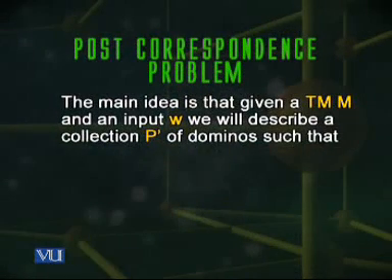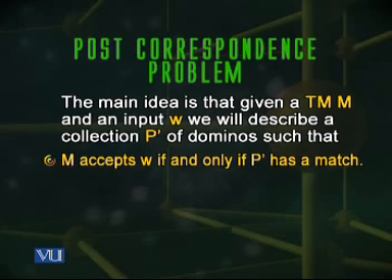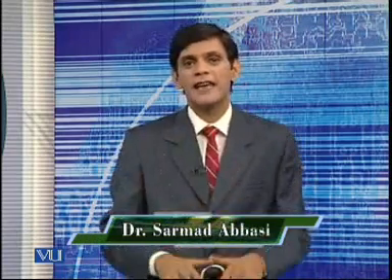So, if we are given a Turing machine M and input to it W, we would look at this Turing machine M and the input W, and by analyzing it, we will come up with a collection of dominoes P. This collection will have a match if and only if M accepts W. So, in some sense, what we will do is encode the acceptance problem for Turing machines into this collection.